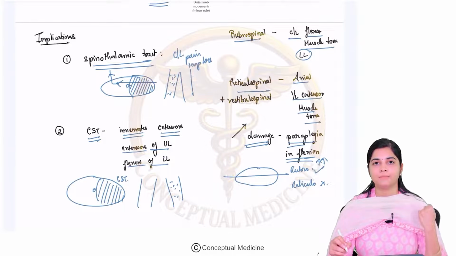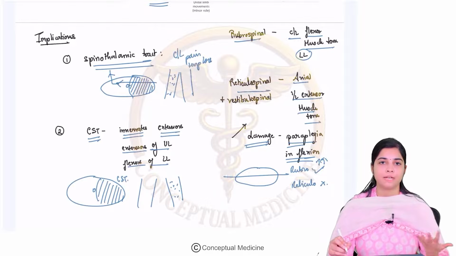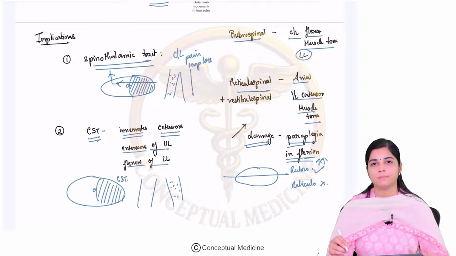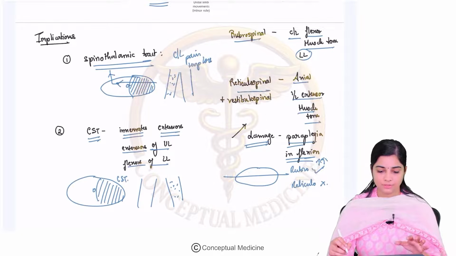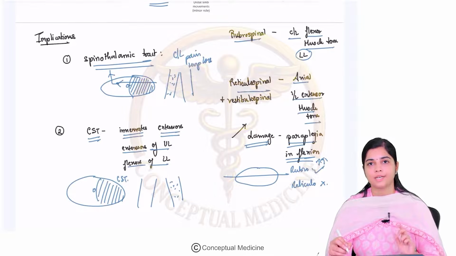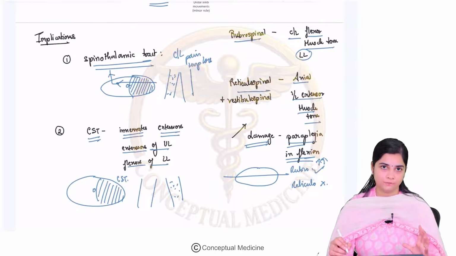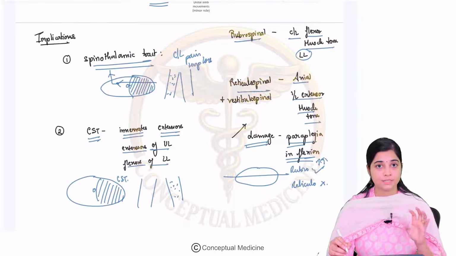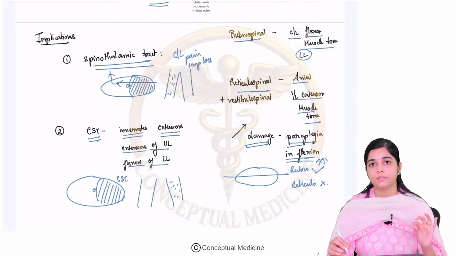You will have paraplegia in flexion, right? That is why there is a difference between paraplegia in flexion versus paraplegia in extension. Okay, understood? So this is about the various tracts and innervations and how is it different from one another. So this is a very, very important and often considered to be difficult concept in your spinal cord.